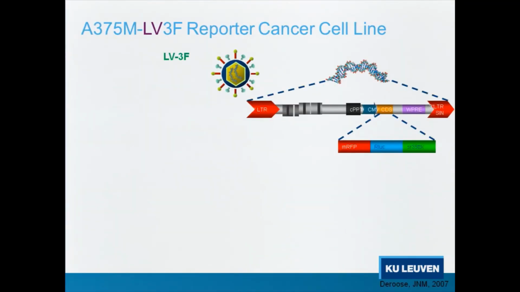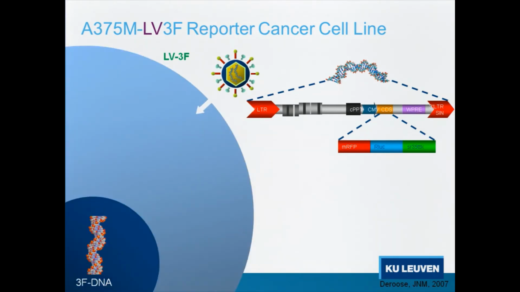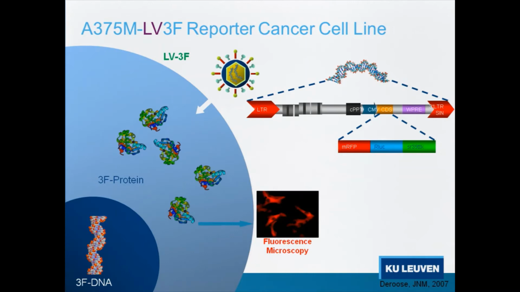And this is just one example where we used a triple reporter gene with fluorescence, luciferase, and HSV-TK mutant. We produced a lentiviral vector encoding this protein. We transduced the cells.